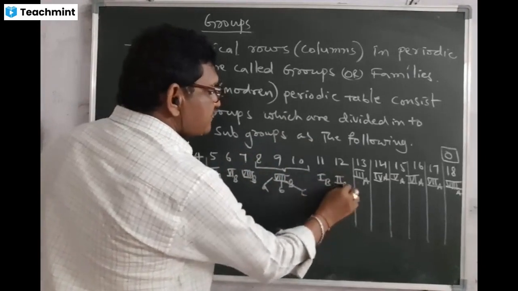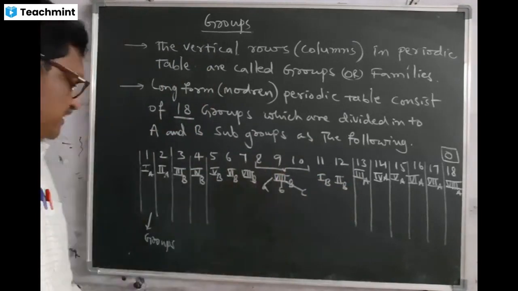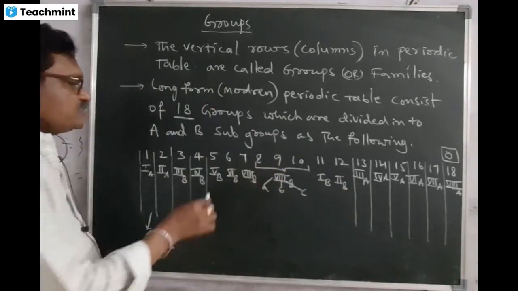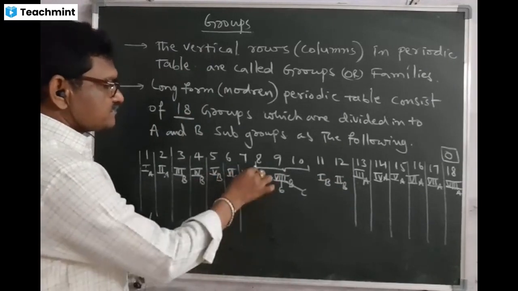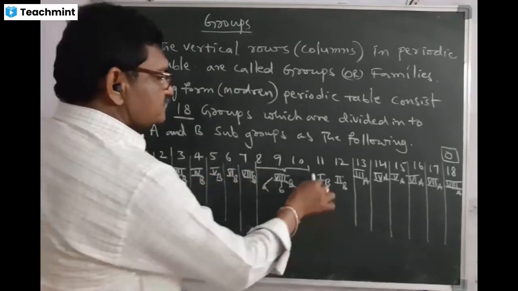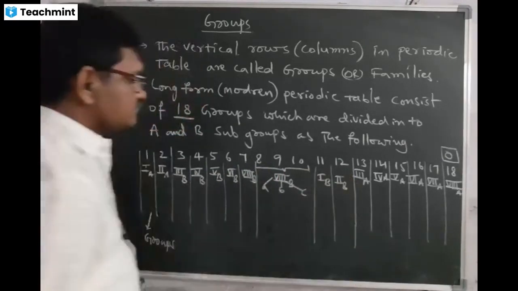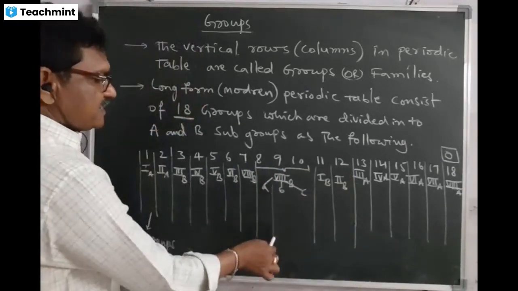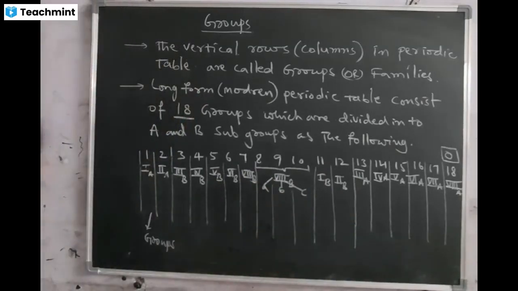The 12th group is called second B group. Okay, this is the way you have to remember these groups and also subgroups. Here 8th small a group, 8th small b group, 8th small c group.